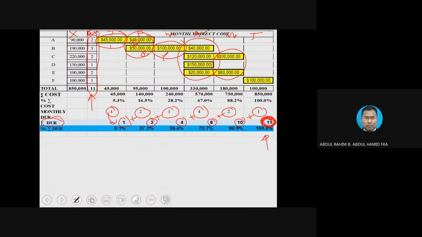And this 11 should be equivalent to this 11, because the duration in terms of the tasks is already given, already shown there. What we are doing is just distributing according to the month. And then from that, we can get this percentage.